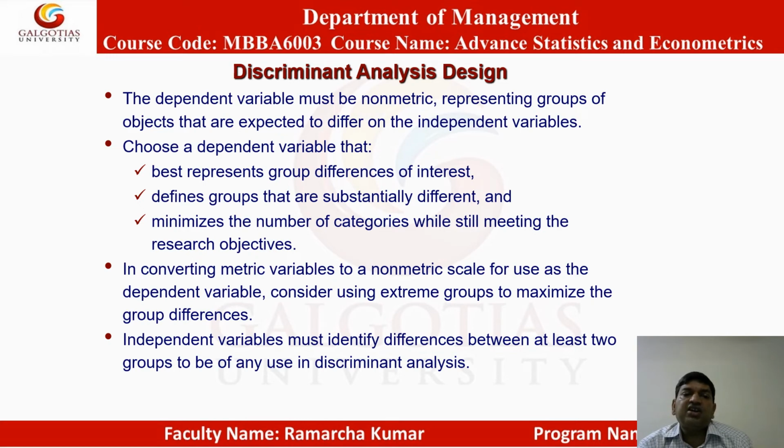In converting metric variables to non-metric scales for use as the dependent variable, consider using extreme groups to maximize the group differences. Independent variables must identify differences between at least 2 groups to be of any use in discriminant analysis.